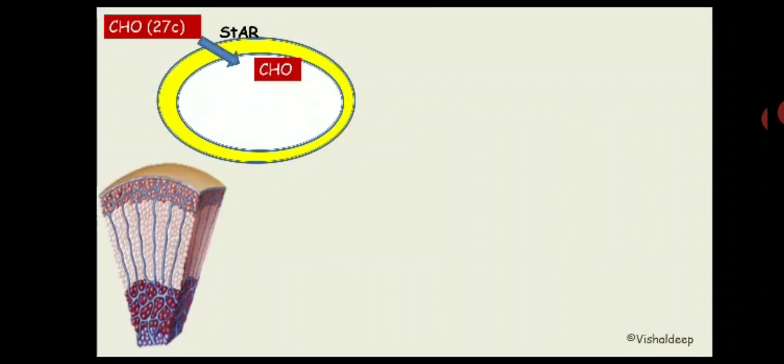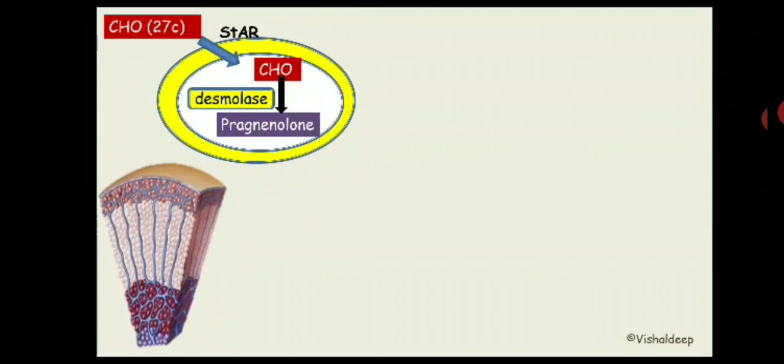StAR is actually the steroidogenic acute regulatory protein, with capital S, small t, capital A, capital R. With the help of this protein, cholesterol will be pumped inside the mitochondria. Now inside the mitochondria, cholesterol will eventually be converted into pregnenolone via the enzyme desmolase.